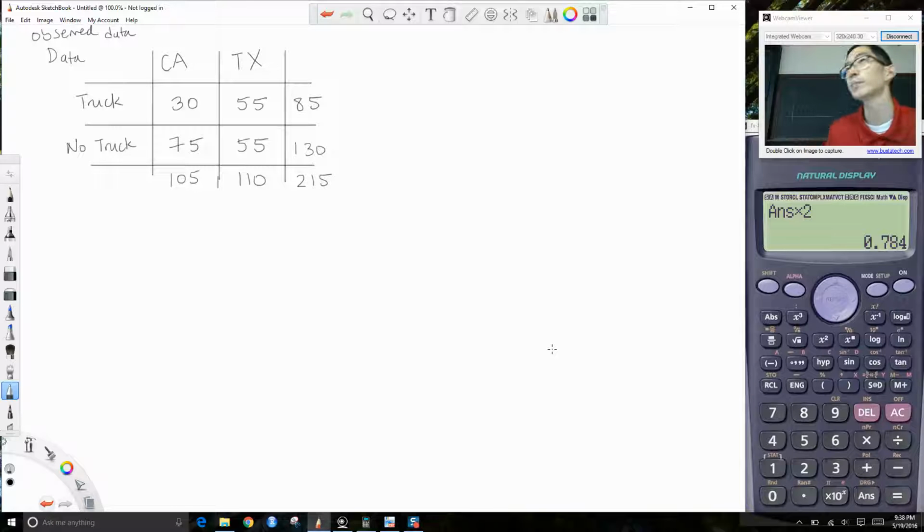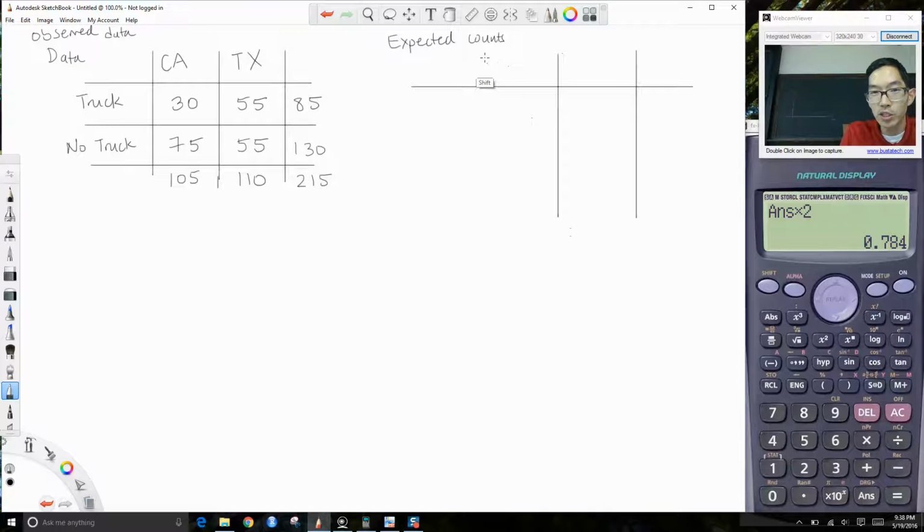Is that okay? Okay, so we're going to create a table of expected values, expected counts. Basically, I'm going to just start off by filling in the margins of the table.